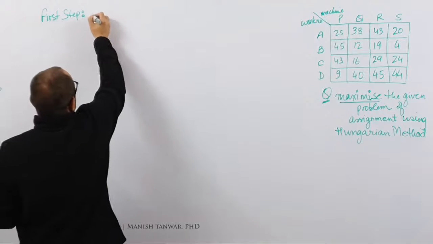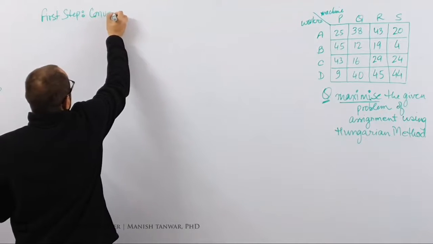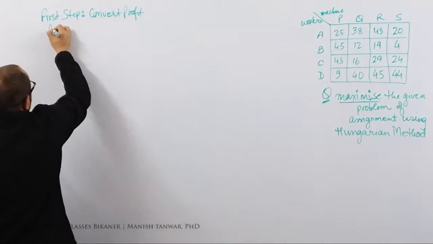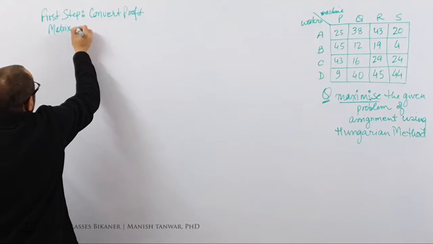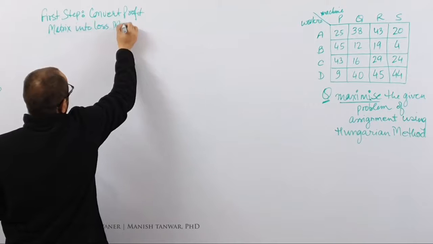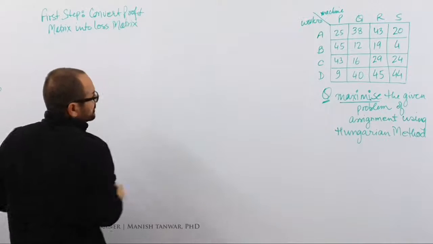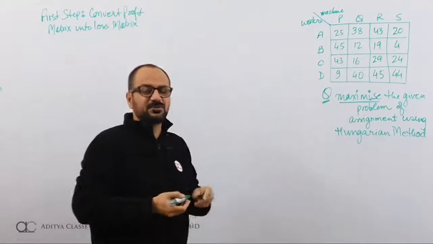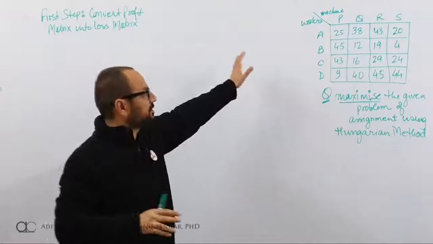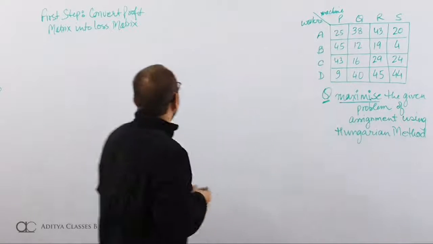First step is to convert the profit matrix into a loss matrix. How? By subtracting all cell values from the largest cell value.